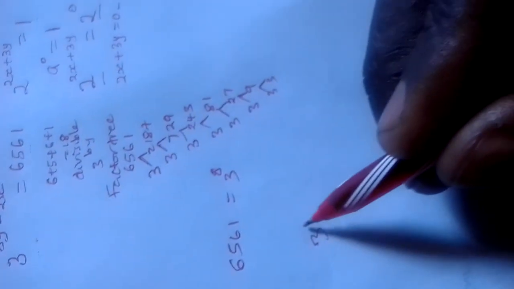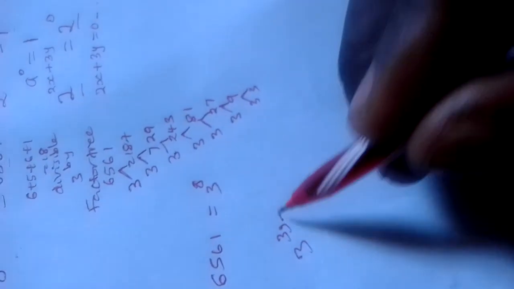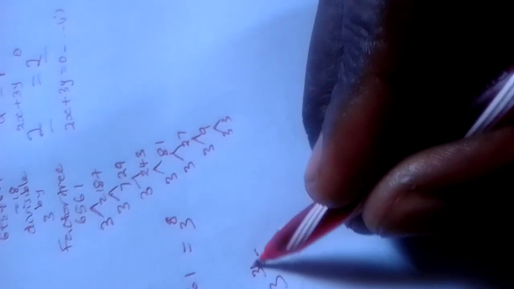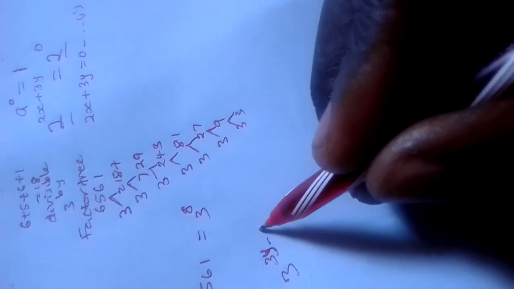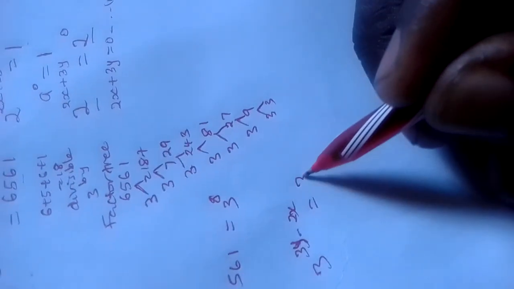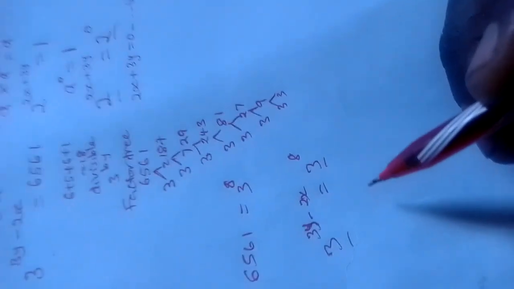So our equation up here can be rewritten basically as 3 power 3y minus 2x should be equal to 3 power 8. When the bases are the same, the powers also are equal.